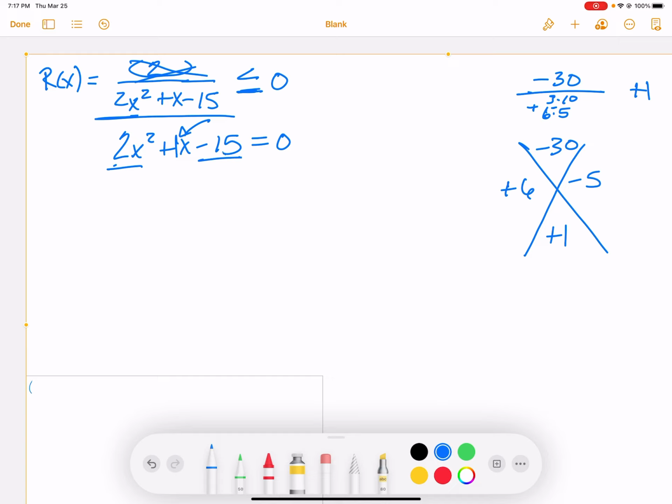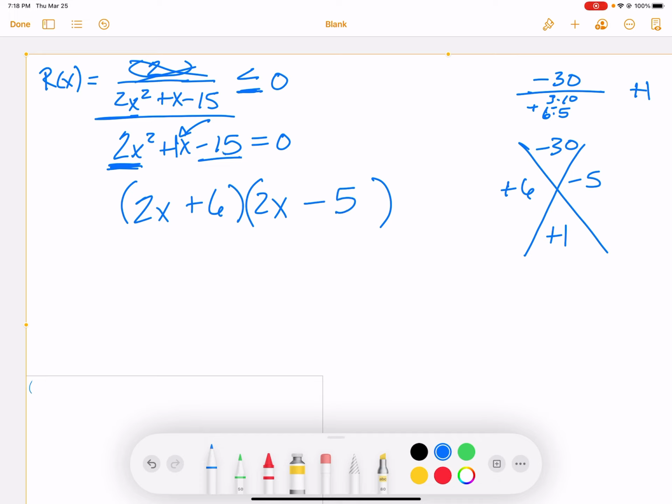Now the question is, which side do you put it on? They call this the lazy method, and I actually really love this method. Go ahead and write your factors as if they were both multiplied by your a. Just hold on tight and follow through with me for a second. We'll do 2x plus 6, and then 2x minus 5.